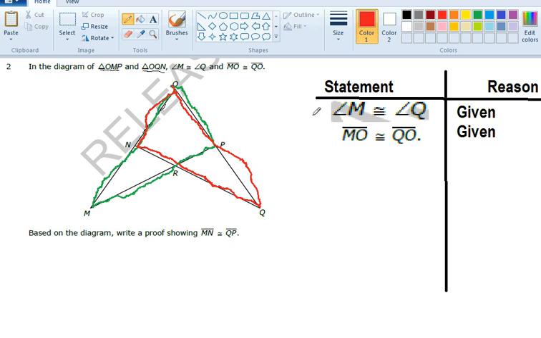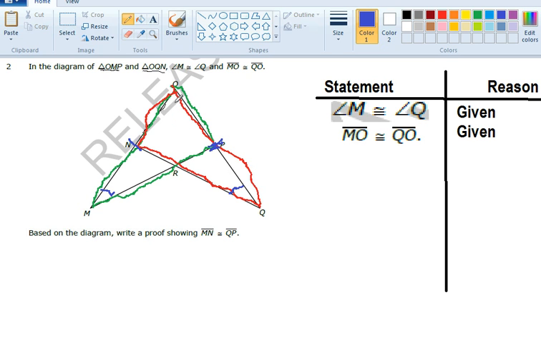So, in these two triangles, we know that angle M is congruent to angle Q, and we know that MO, this whole side, is congruent to this whole side, QO.